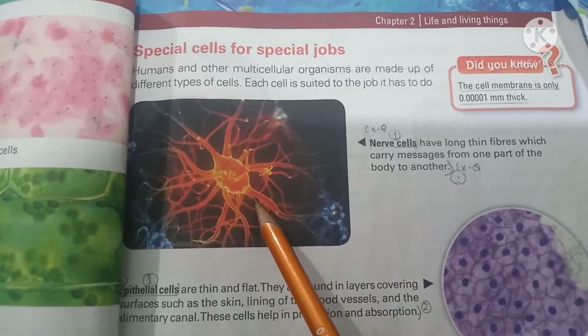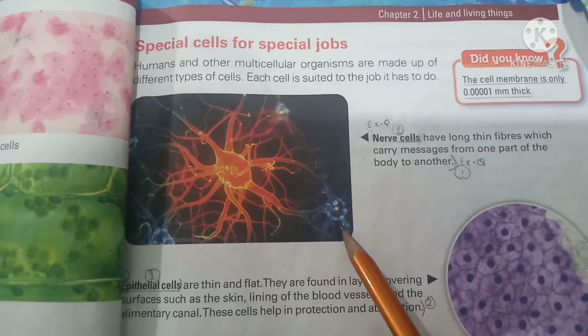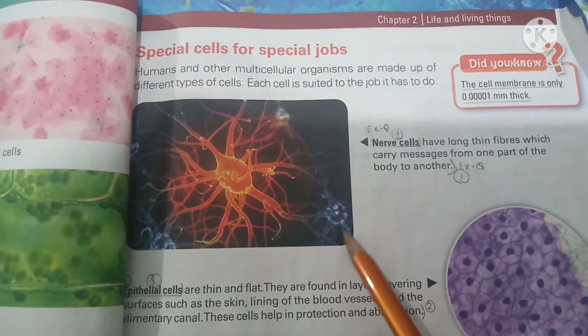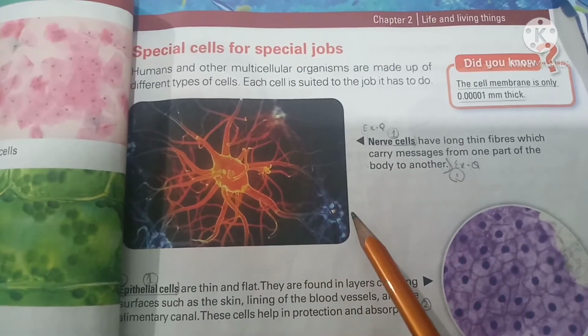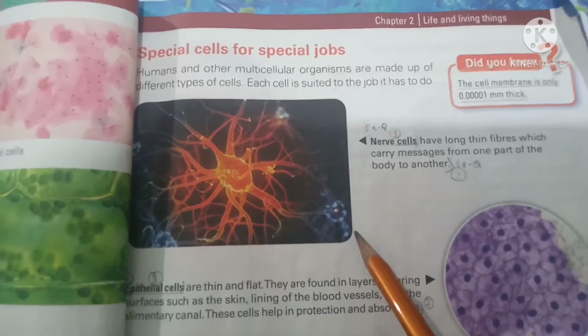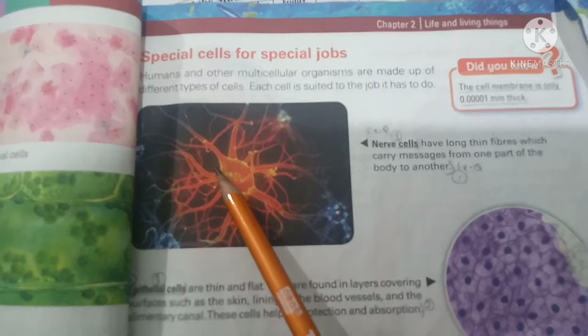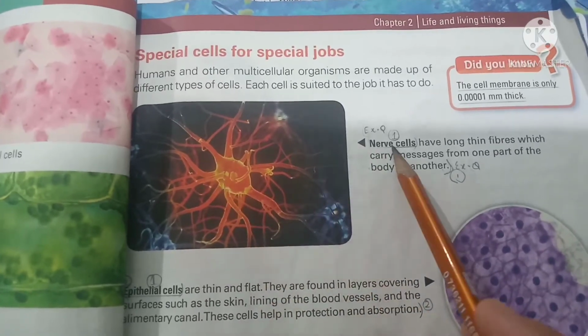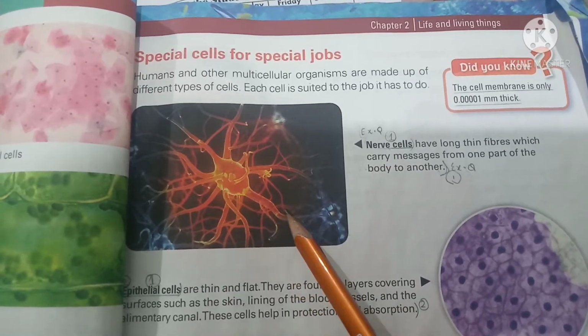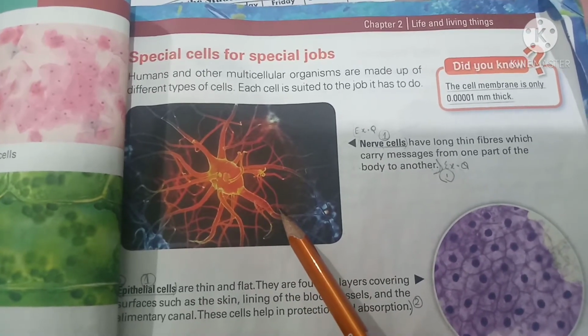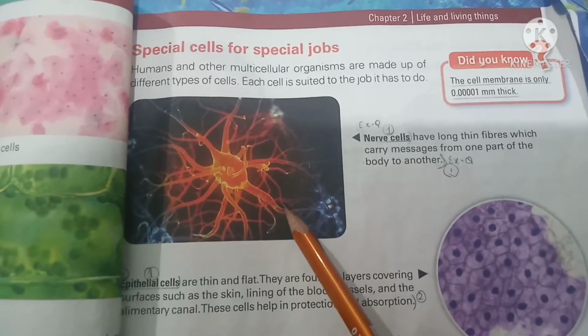They just carry messages from the part of the body where it has to be taken. It receives the message from that certain part of the body and then transfers it to the brain through the nerve cells. And when the brain receives these messages, it responds according to the stimulus.